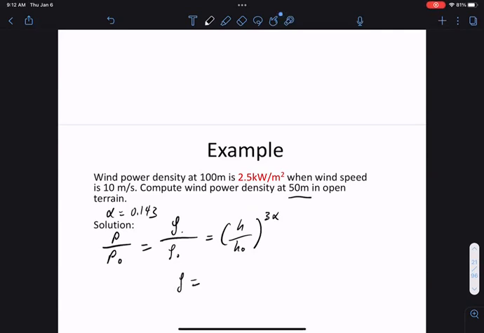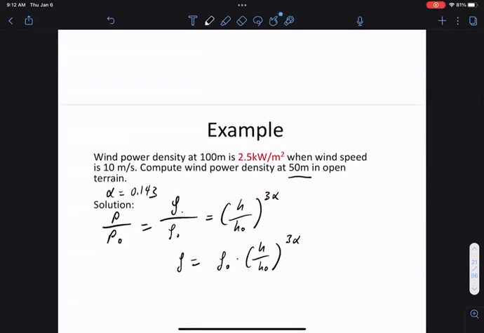The density is what you measure at your nominal height, adjusted by a factor of h over h naught to the 3 alpha. So this is 2.5 kilowatt per meter squared at 100 meters. We're looking at 50 meters over 100, the ratio of the elevations.